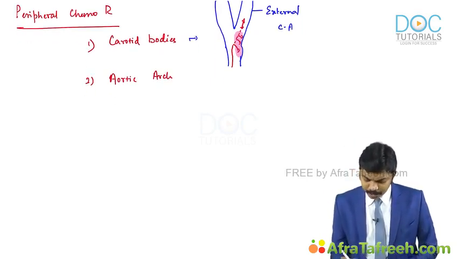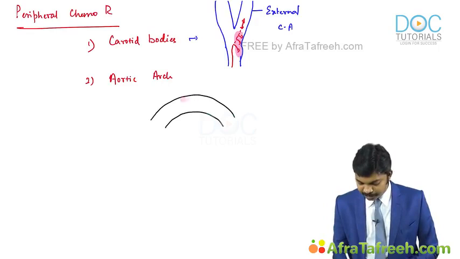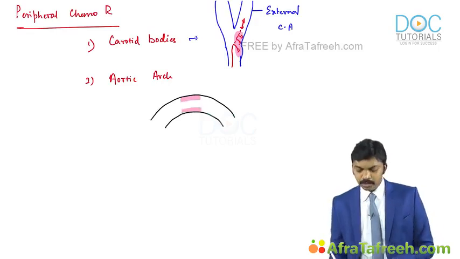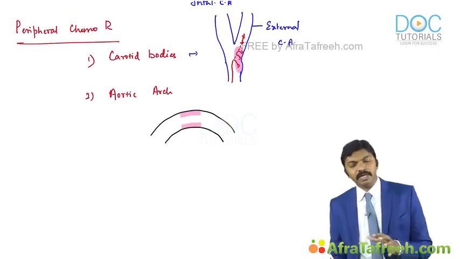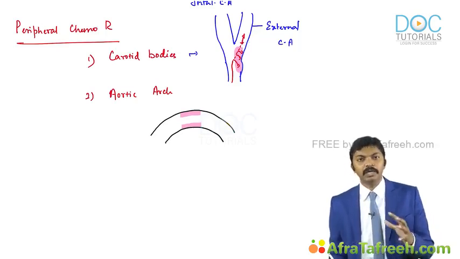And coming to the second one, the aortic arch, we have the arch of aorta, where we have the same kind of peripheral chemoreceptors. Now, comparatively speaking, aortic arch chemoreceptors do not have any major role in controlling respiratory pattern.